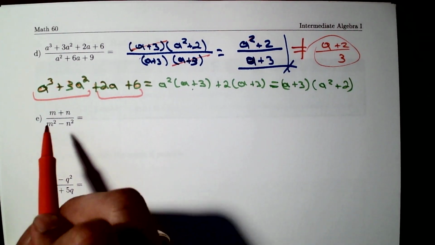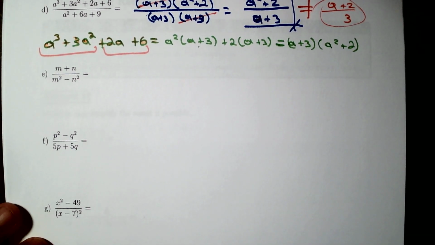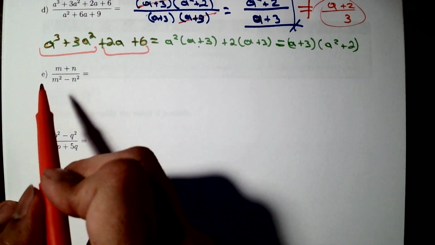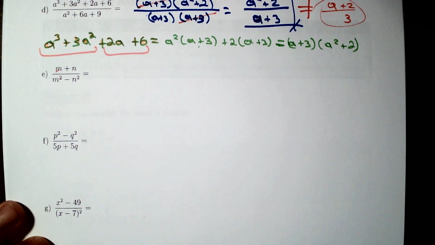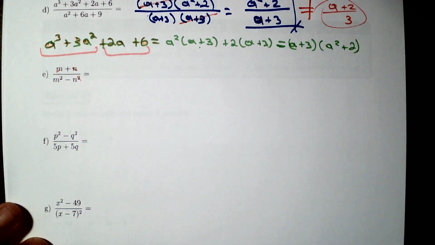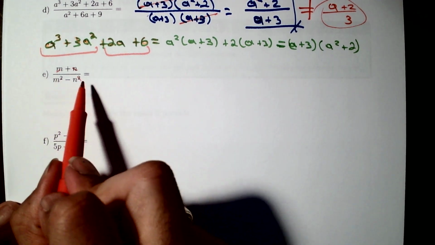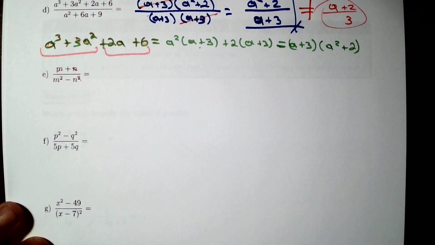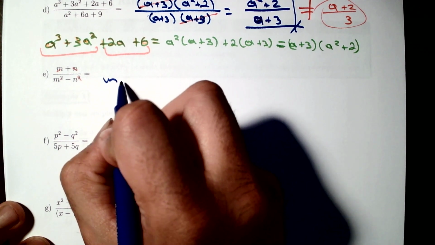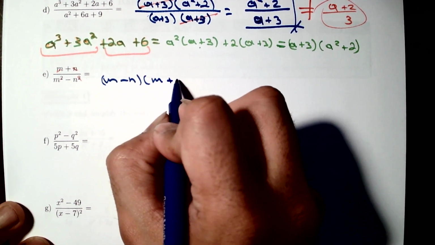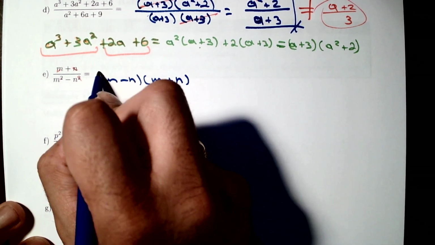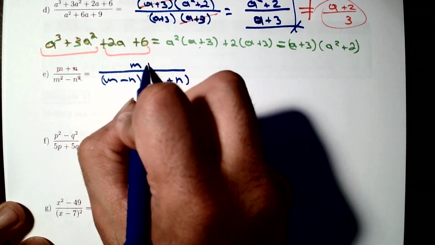Okay, let's look at letter E. Again, you don't want to cancel out this like that and those like this. A kitty dies if you do that. So the way we have to treat this is by factoring the difference of squares: m minus n times m plus n, or plus and then minus, doesn't matter, then m plus n.